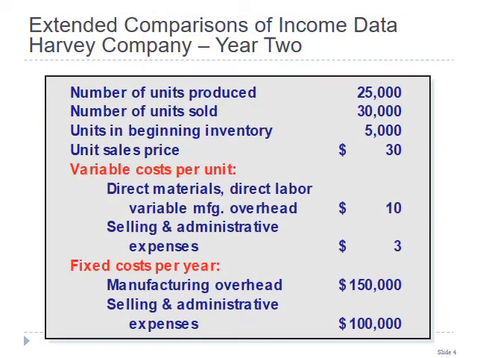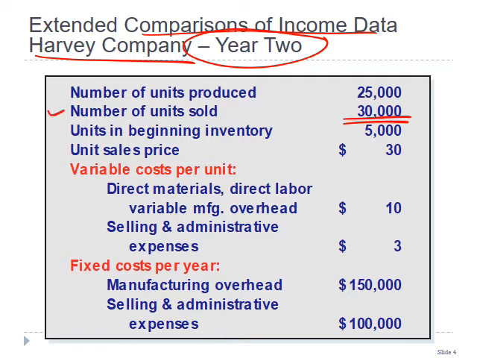So up till now we have just covered the first year data, right? So let's expand the comparison of income of the Harvey company for year 2. Harvey company sells 30,000 units in year 2. The selling price is 30.